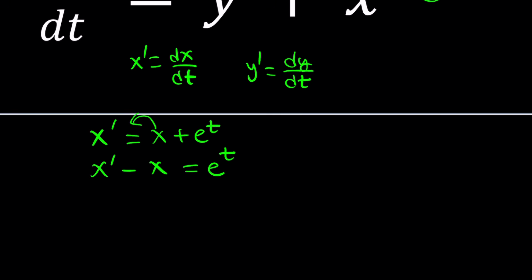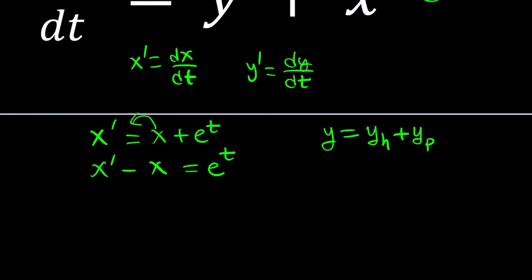To be able to solve it, we need to find the solution to the homogeneous equation first. Because what happens is, with non-homogeneous equations, the general solution is made up of two pieces. One of them is going to be the homogeneous solution. The other one is just going to be a particular solution, which you can find by assuming some certain type of function, and so on and so forth.